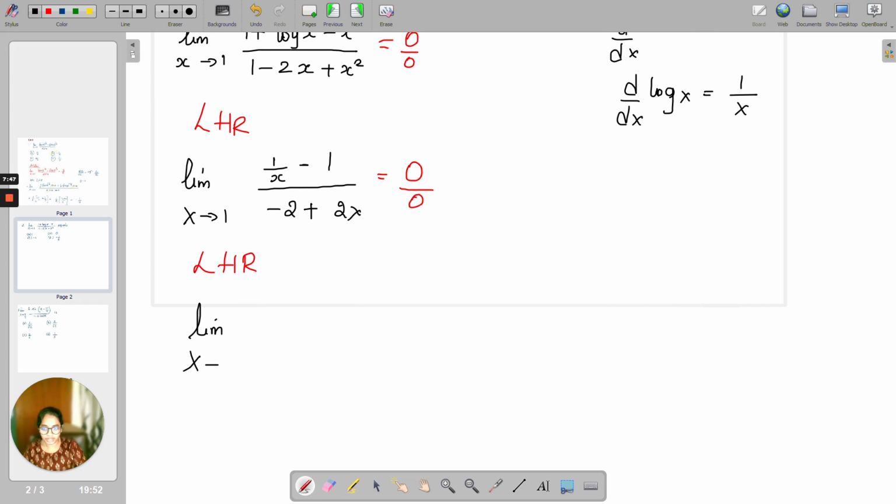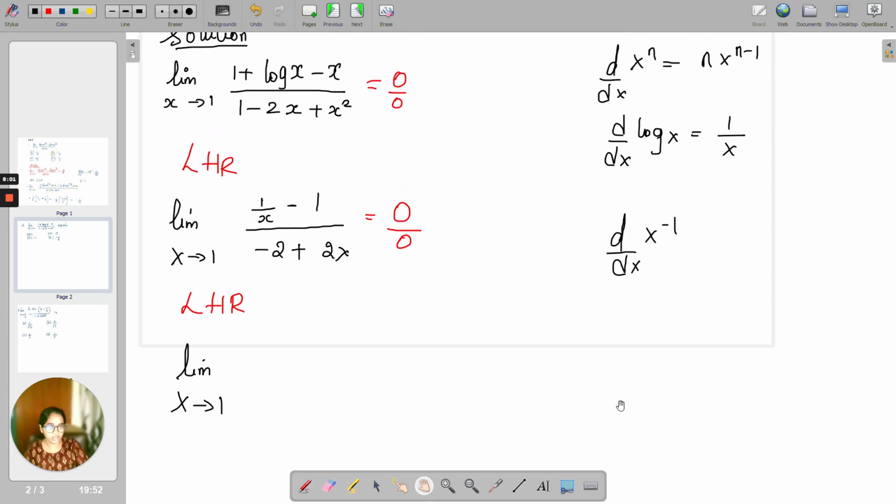Okay, so x tending to 1. So what is the differentiation of 1 divided by x? Yeah, so can I write 1 divided by x as x to the power minus 1? Yes, so the differentiation of x power n is n times x power n minus 1. What is our n over here? We have minus 1.